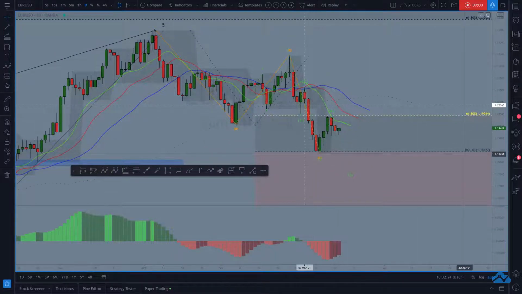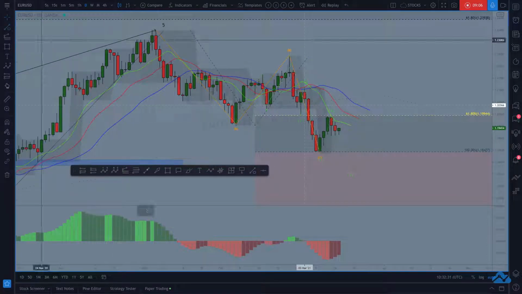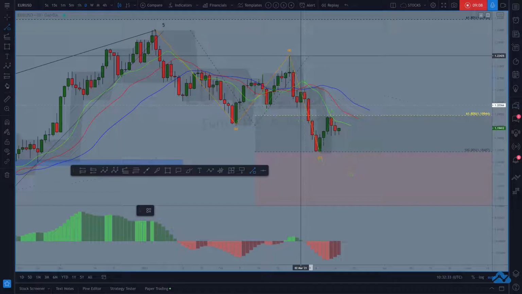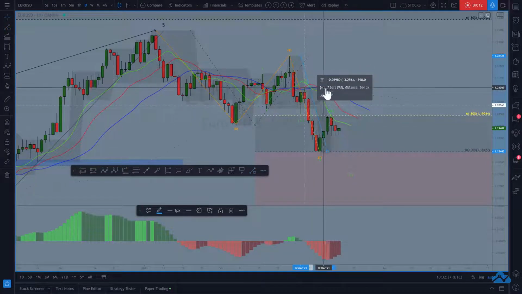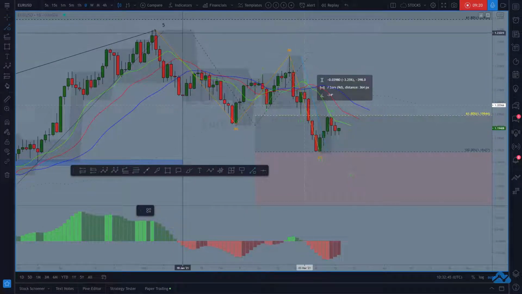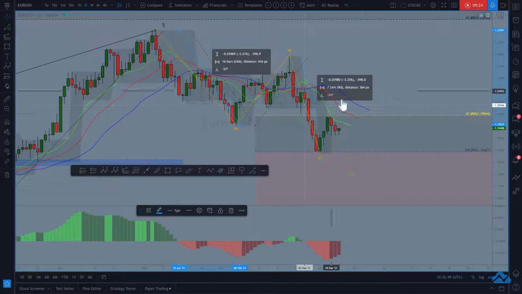In that case, it's going to hit fib expansion 100, which means if I bring the beautiful info line tool here, the pips that it moved between wave C, in this case, I think it's 398, is it? And the pips that it moved, or the range of it during A wave, would be exactly the same.